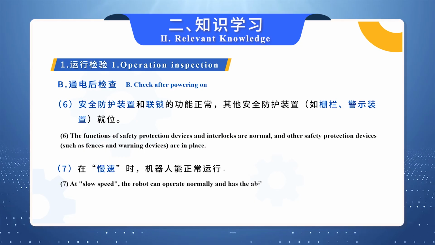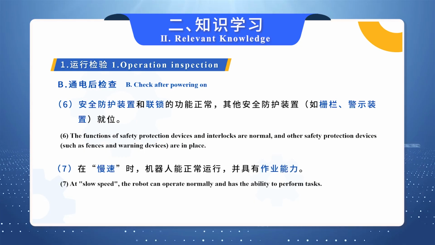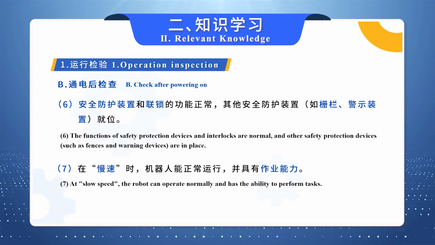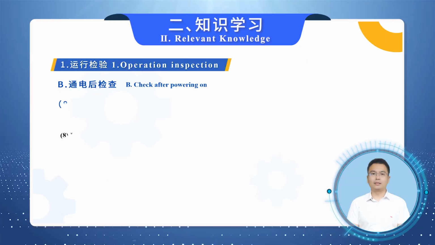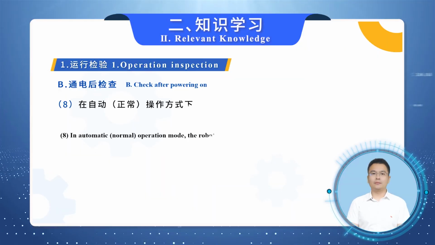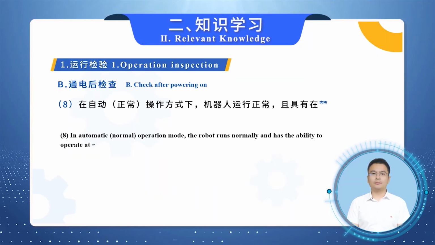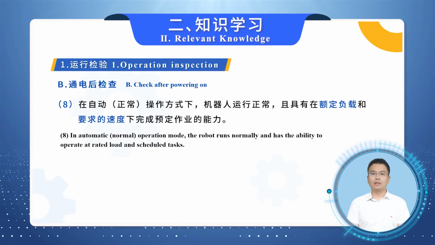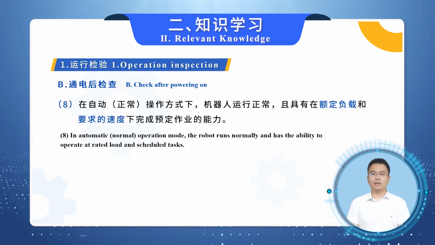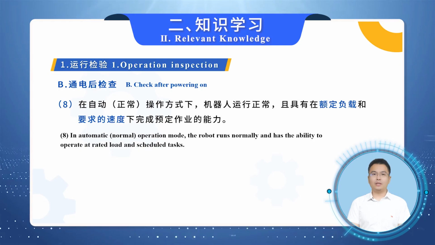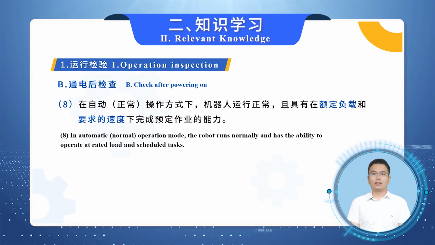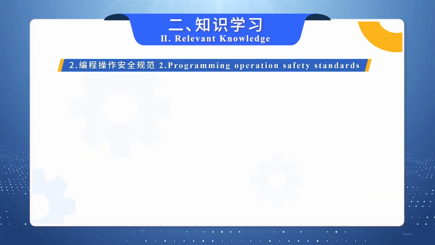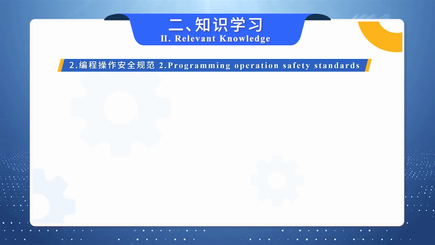The robot can operate normally at low speed and has operational capabilities. 8. Under automatic, normal operation mode, the robot runs normally and has the ability to complete predetermined tasks under rated load and required speed.